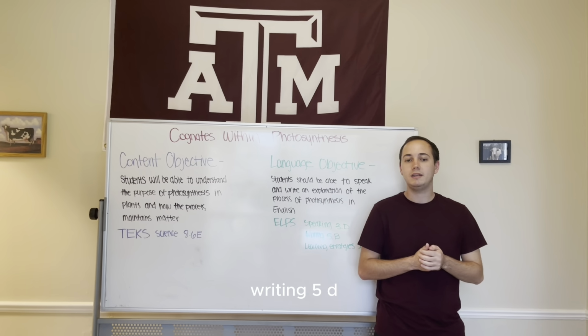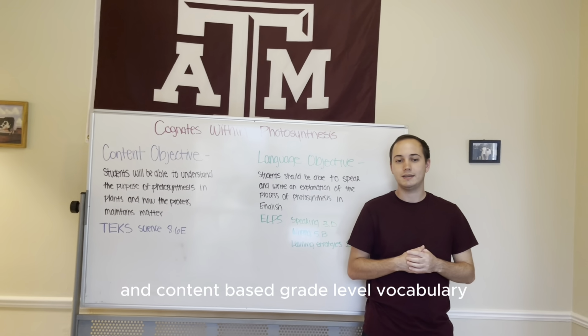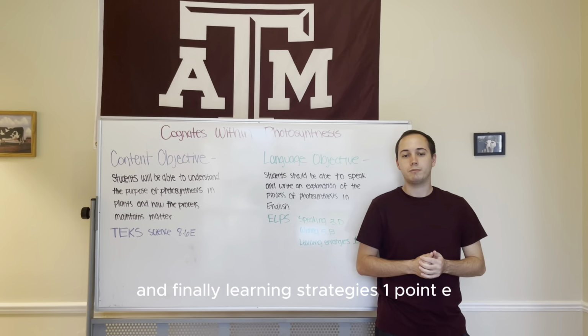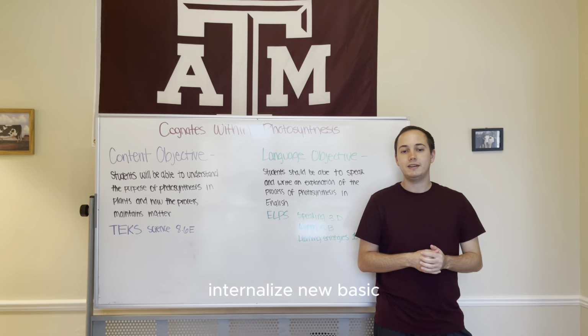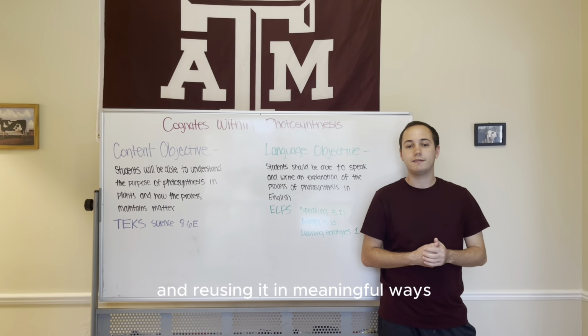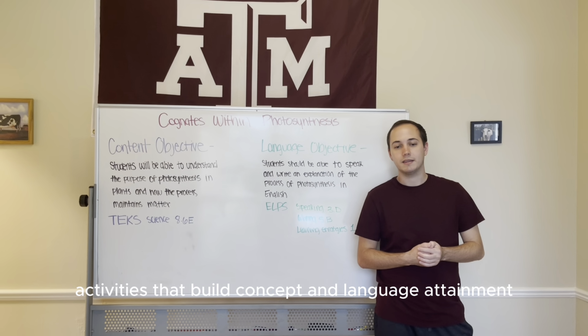Writing 5.B, write using newly acquired basic vocabulary and content-based grade level vocabulary. And finally, learning strategies 1.E, internalize new basic and academic language by using and reusing it in meaningful ways in speaking and writing activities that build concept and language attainment.